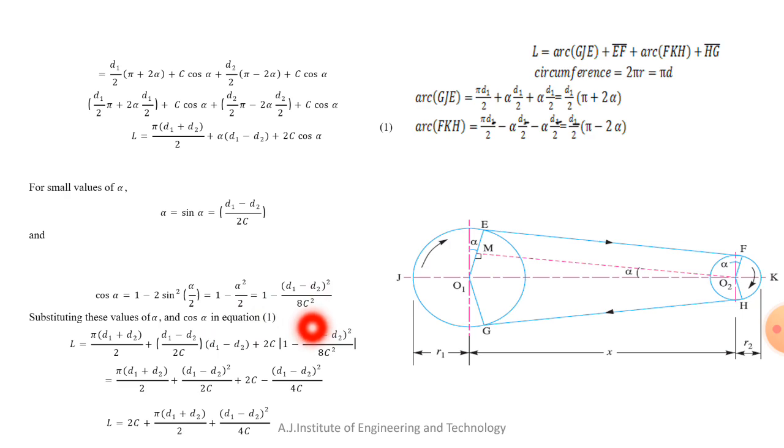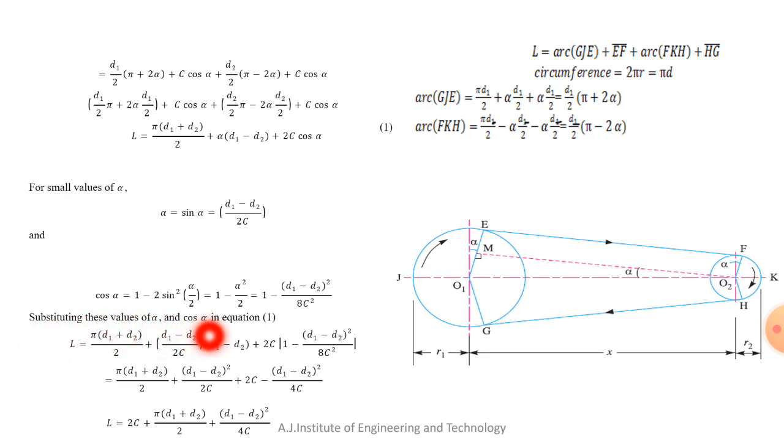So if you substitute here alpha square, you'll get d1 minus d2 whole square divided by 8c square. Now you have to substitute cos alpha and alpha value in this expression.